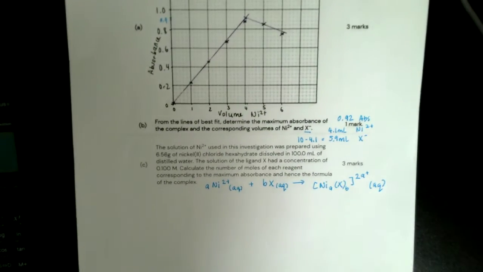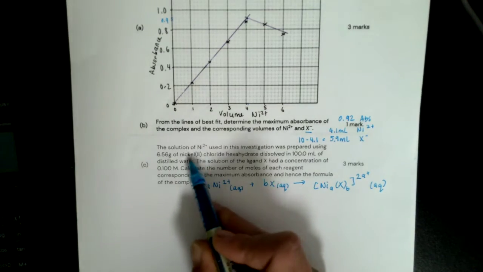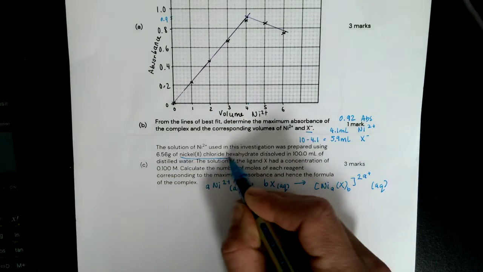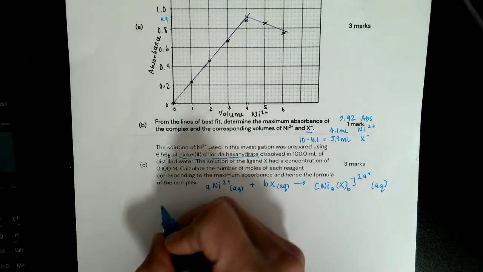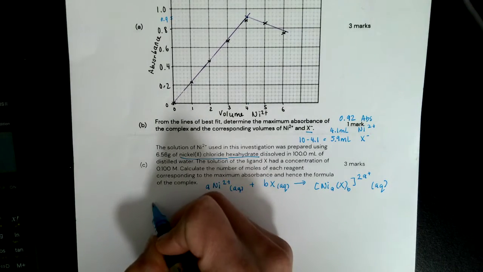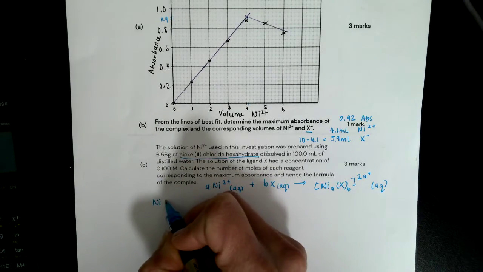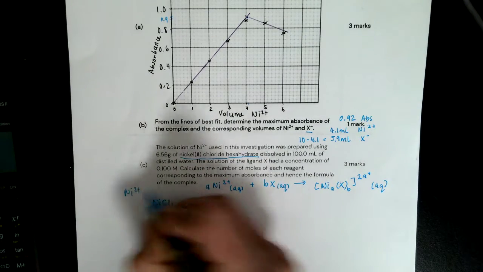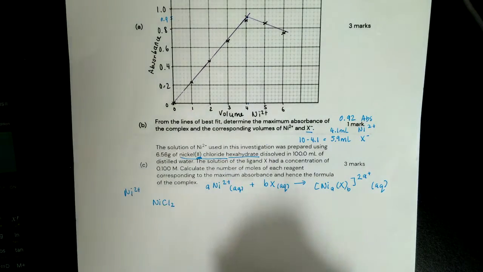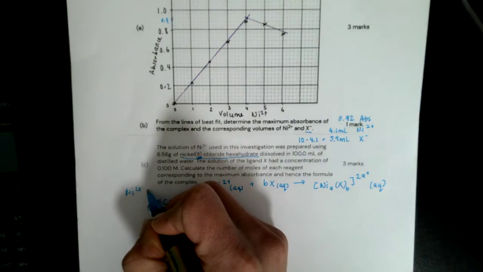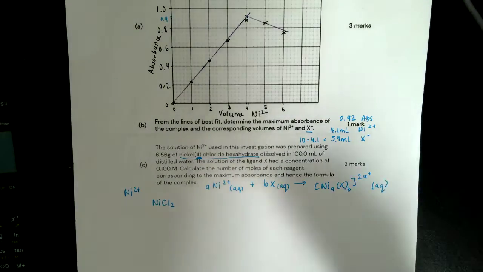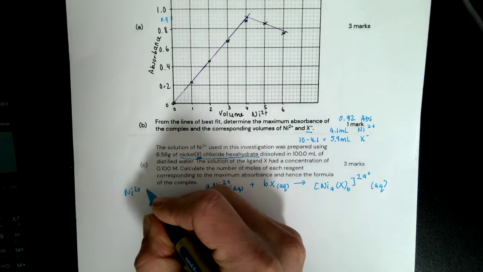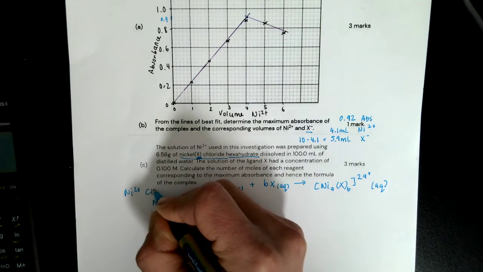What we know is that the nickel is coming from this nickel 2 chloride hexahydrate, and that's 6.56 grams. So if we write NiCl2, the nickel we know has a 2+ charge according to the information given of the valence. Now, nickel being a transition metal can have different valences, so it's given in the question here.